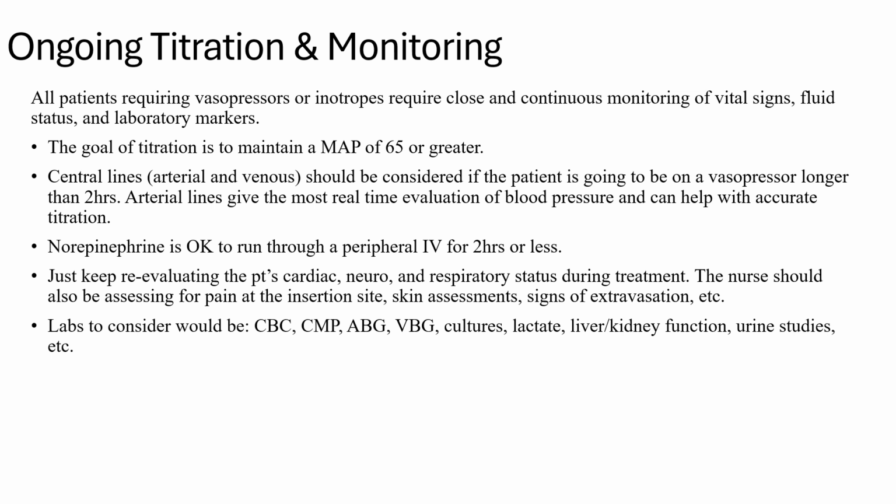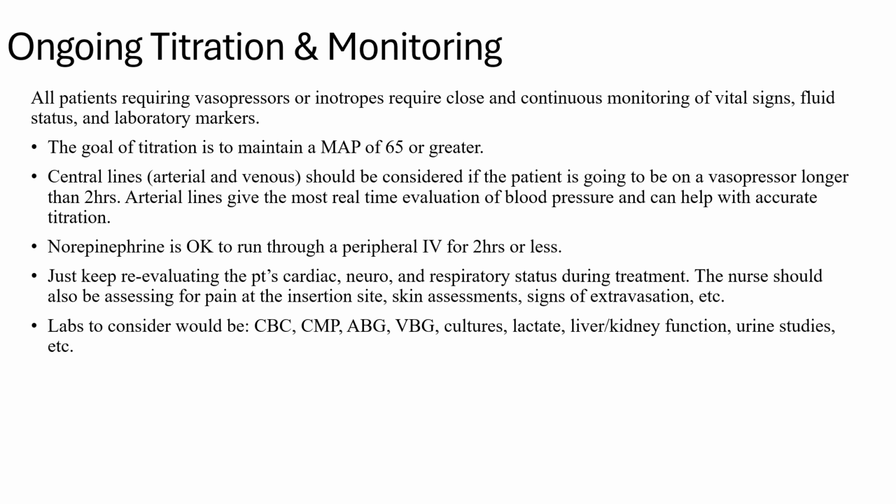The other thing we talked a little bit about is titration. When we are putting these patients on a vasopressor, it's because their blood pressure is usually very low. We want to put in an arterial line so we can get the most real-time evaluation of blood pressure, which can help with accurate titration.